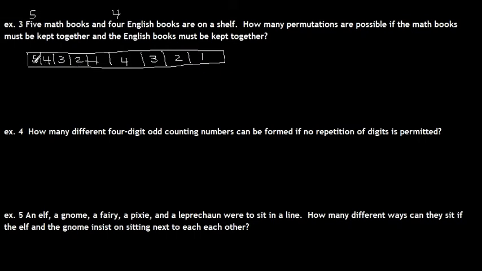I don't know what I'm saying, but just multiply all these together, and we're going to get 5 factorial times 4 factorial, which would give us 2,880 ways to put the books there.